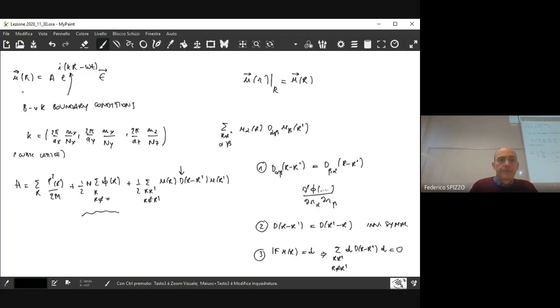Okay, so at this point, since we have made an assumption concerning the structure of the displacement field, we should find a constraint concerning K and omega. So it's just as if you should find a sort of dispersion relationship between omega and K. For instance, for electromagnetic waves, omega and K are proportional with each other.